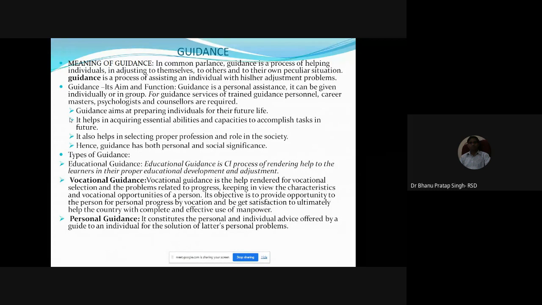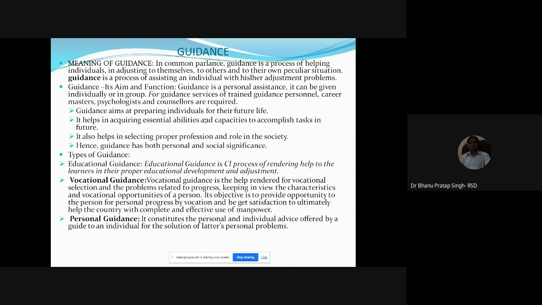What are the aims of guidance? Guidance is a kind of personal assistance. But personal assistance can be individual as well as in a group. But for guidance, a person should be trained. Teachers can guide, career masters can guide, psychologists can guide, counselors can guide.